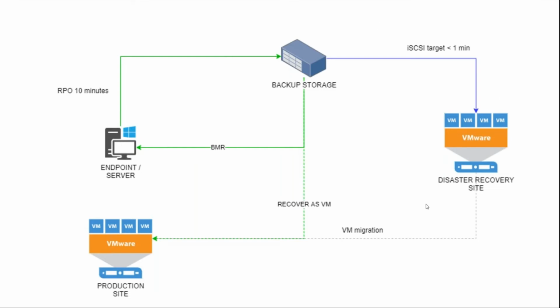Such an iSCSI target can be attached to VMware. At this moment, it requires some manual operation to be done, but it's possible. And after that, we can migrate our virtual machine, which is created based on our iSCSI target, directly to the production site using VMware migration features.